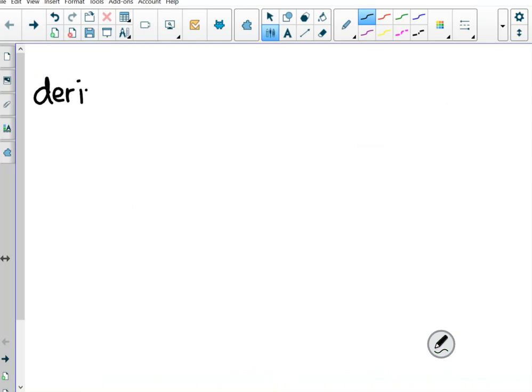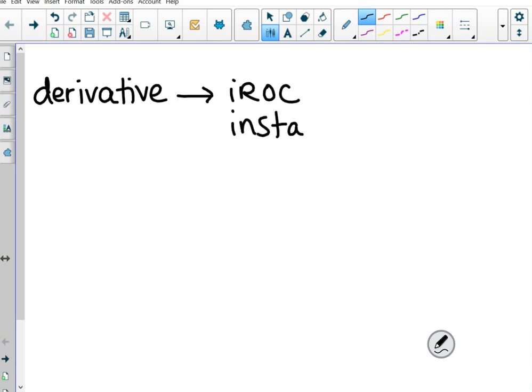So, sort of a summary, we identified this thing called a derivative, which was an IROC, an instantaneous rate of change.